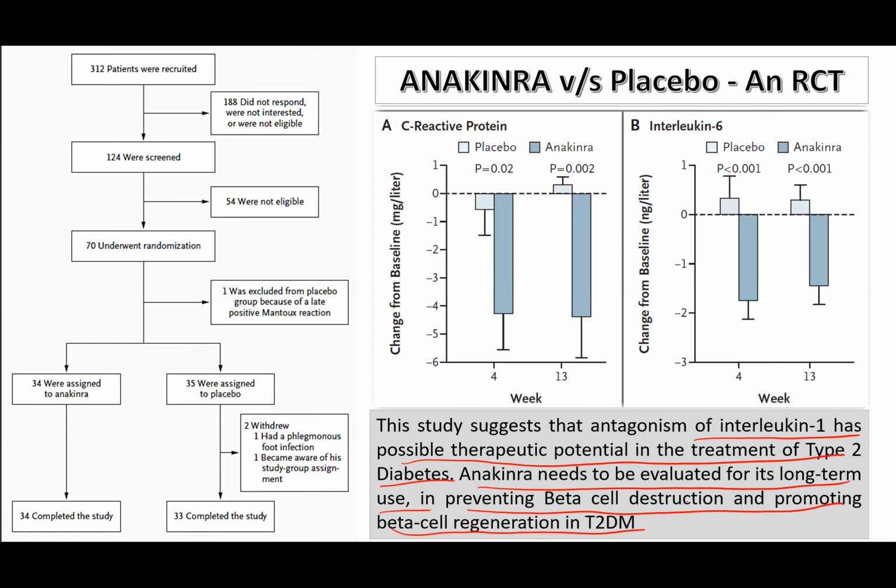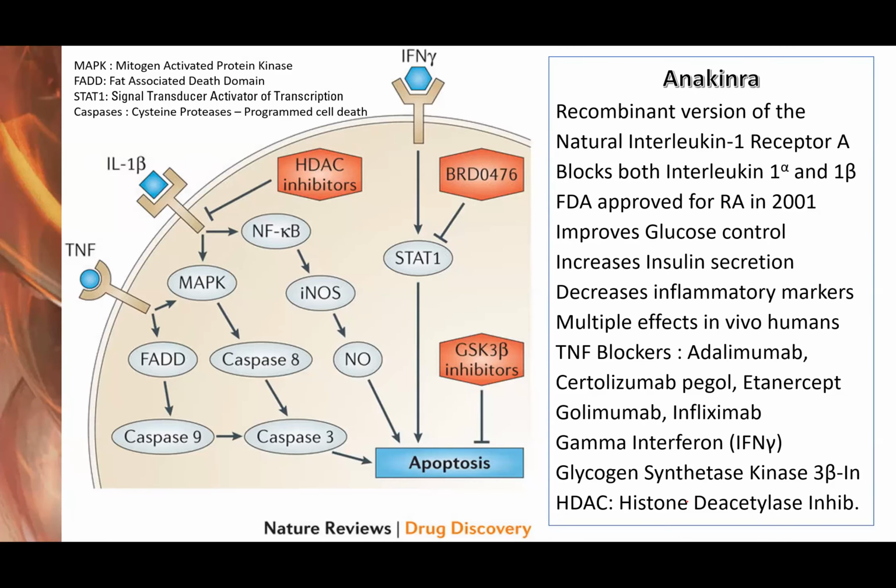This anakinra was approved as early as the turn of this century for rheumatoid arthritis. Anakinra, a recombinant version of natural interleukin 1 receptor antagonist, blocks interleukin 1 alpha and 1 beta, FDA approved in 2001 for rheumatoid arthritis, improves glucose control, increases insulin secretion, decreases inflammatory markers, multiple effects.